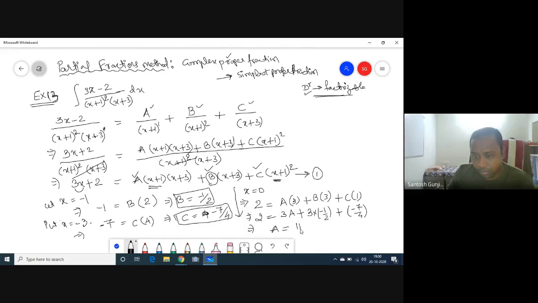I'm not solving it here, but you can solve and get the answer by simplifying. So now I am able to find the values of a, b, c which I introduced in the beginning of the solution. I can substitute the value of a, b and c in the beginning.